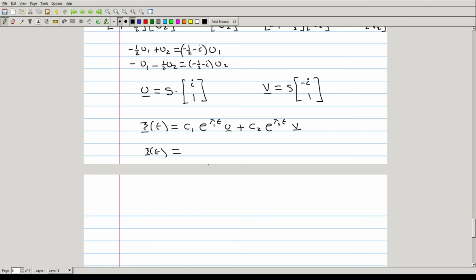So I of t will be equal to c1 e to the negative 1/2 minus i times t times u plus c2 e to the negative 1/2 plus i times t times v, which is negative i, 1, and I'll put in u as well. The vector i, 1.